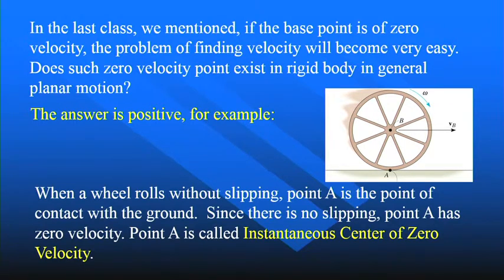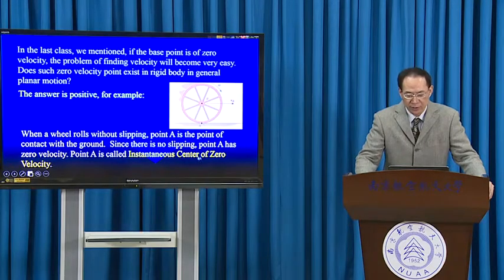So the velocity of contact point A is zero because the ground is at rest. Point A is called the instantaneous center of zero velocity. If a point has no velocity, this point can be called the instantaneous center of zero velocity.